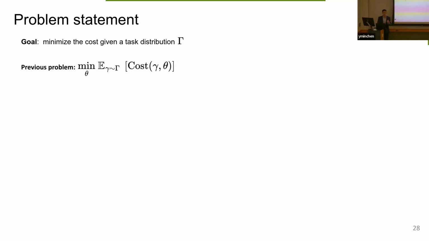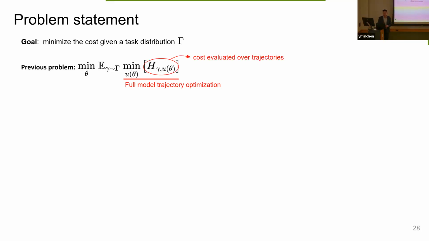And this cost is a function of the task and the model parameter. And specifically, the cost is actually the optimal cost of a forward model trajectory optimization. And I use the cost function H. This cost function is evaluated over the trajectories inside the trajectory optimization.